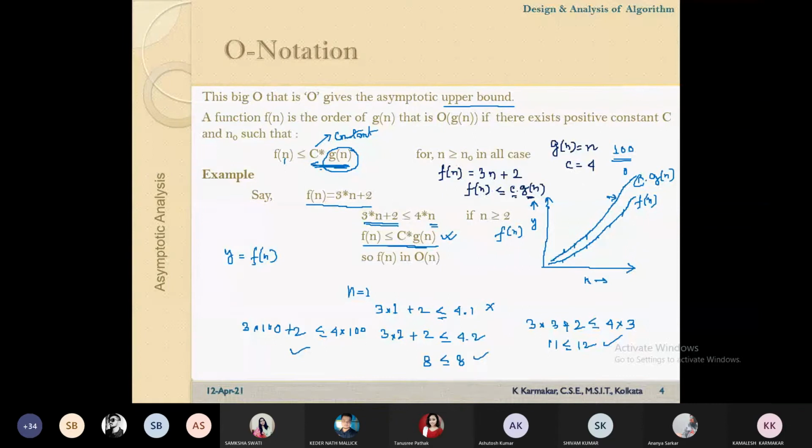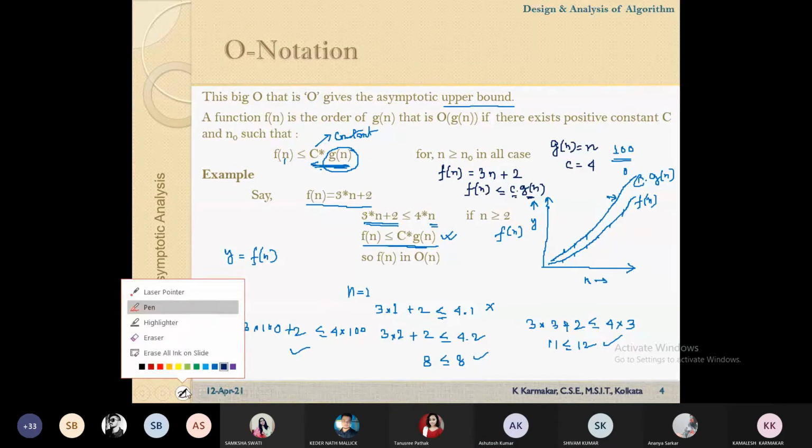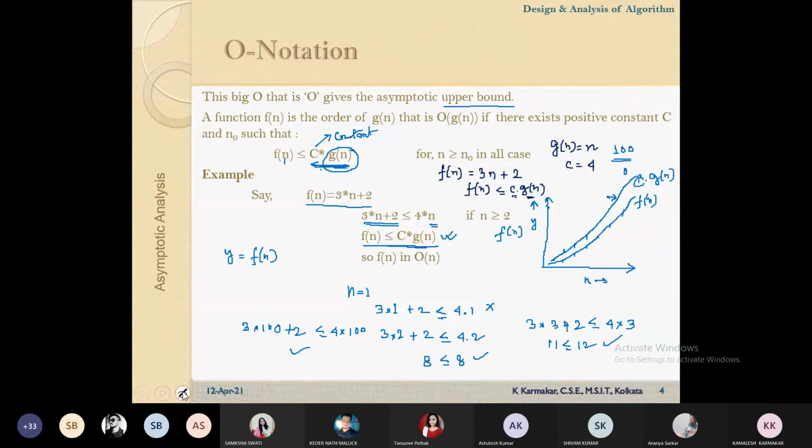But is it satisfied for all the values of n? No, it is not satisfied for n equals 1. But for n equals 2, 3, 4, and any larger value, it is satisfied.